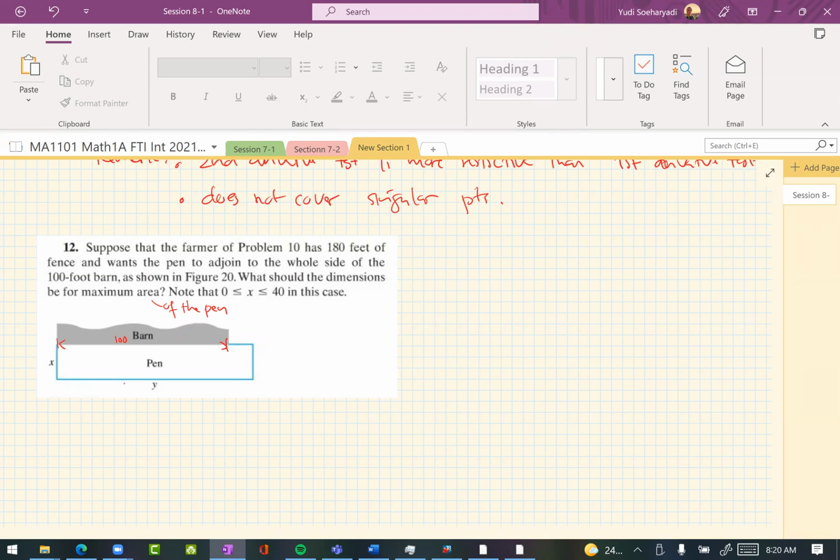So we know here, what is that 180 feet of the fence? The fence is this part. So just X and then Y here. And this is another X. And this little part here is Y minus 100.